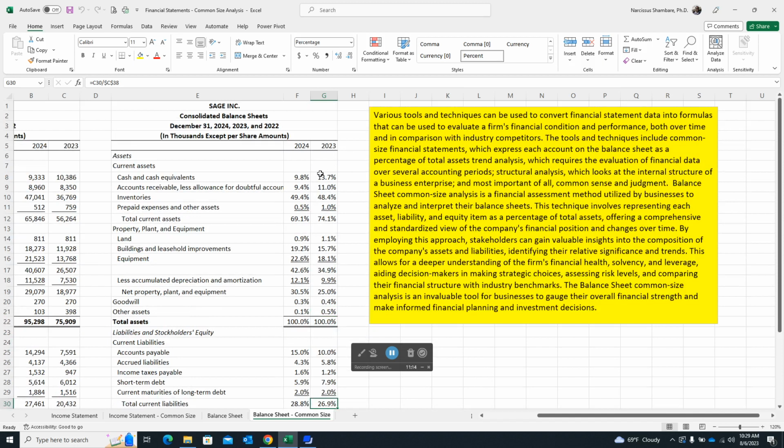Looks like our cash has been coming down. That may not be good. We need enough cash. Maybe we put that cash in our investments, right? So you can begin to ask important questions that can force people to have some insights about how the organization is currently operating.